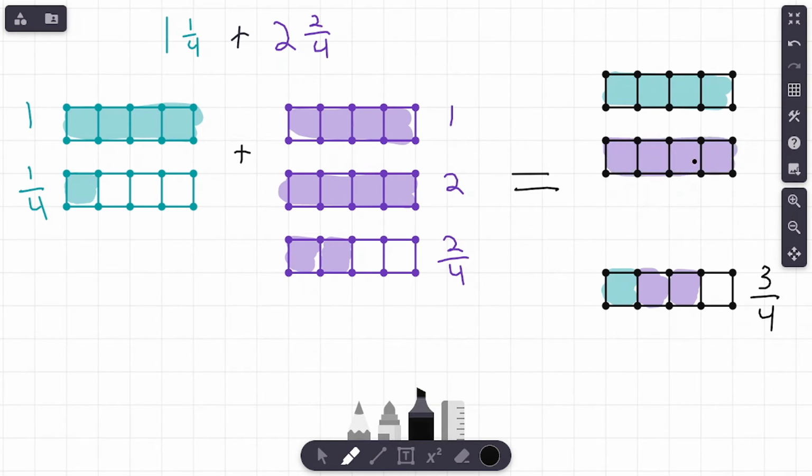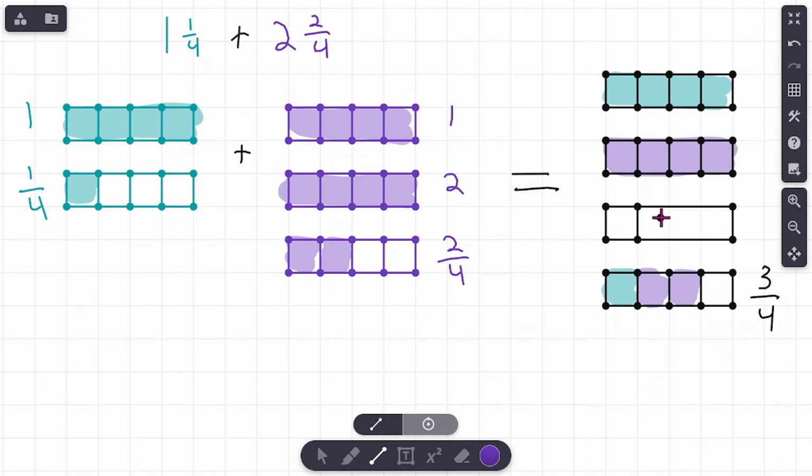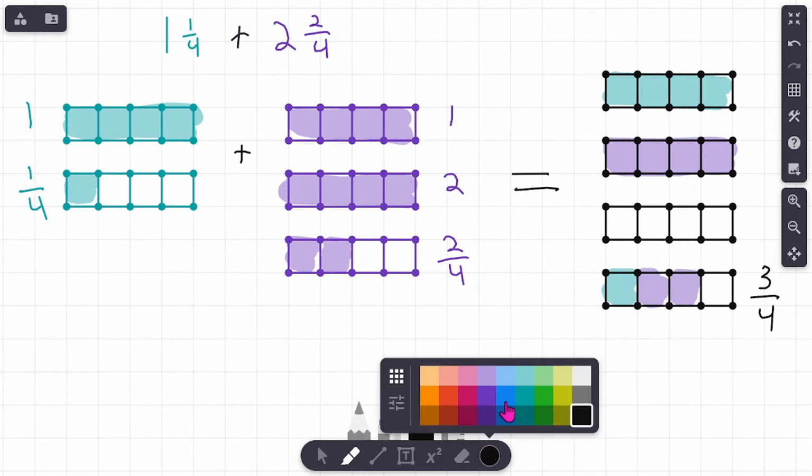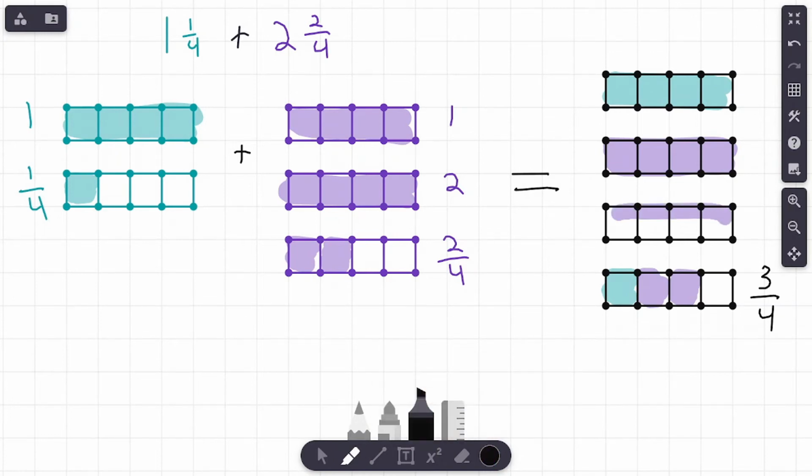So there's one whole from it. We need another whole. I'm going to shade in the whole thing because it is a whole number, so the whole model gets shaded in. And there we go.